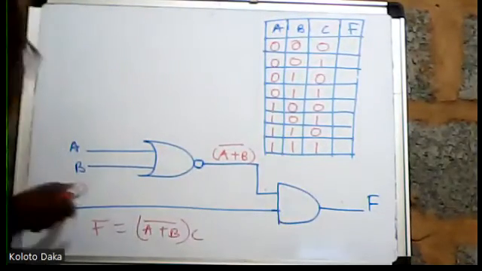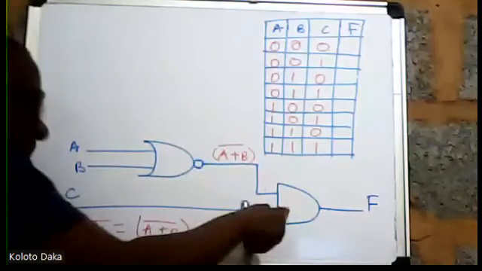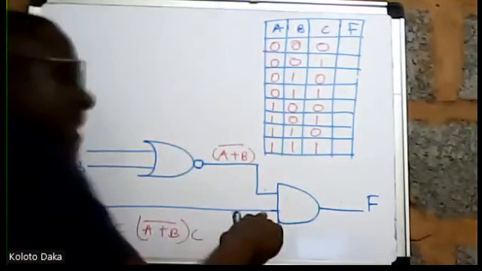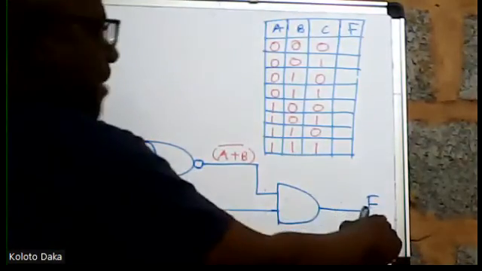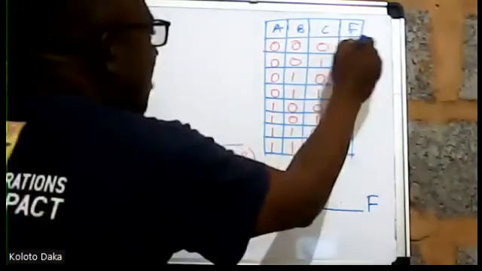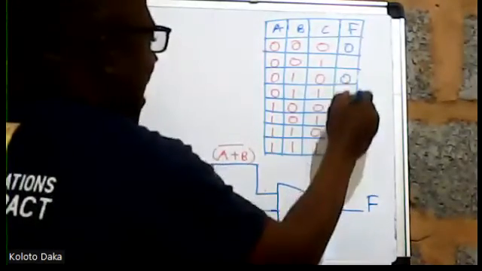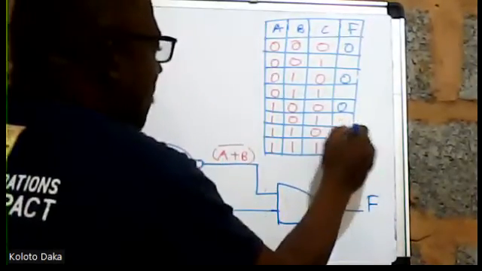We start with C because C goes in straight here. So there will be 0 there, there, there, and there.